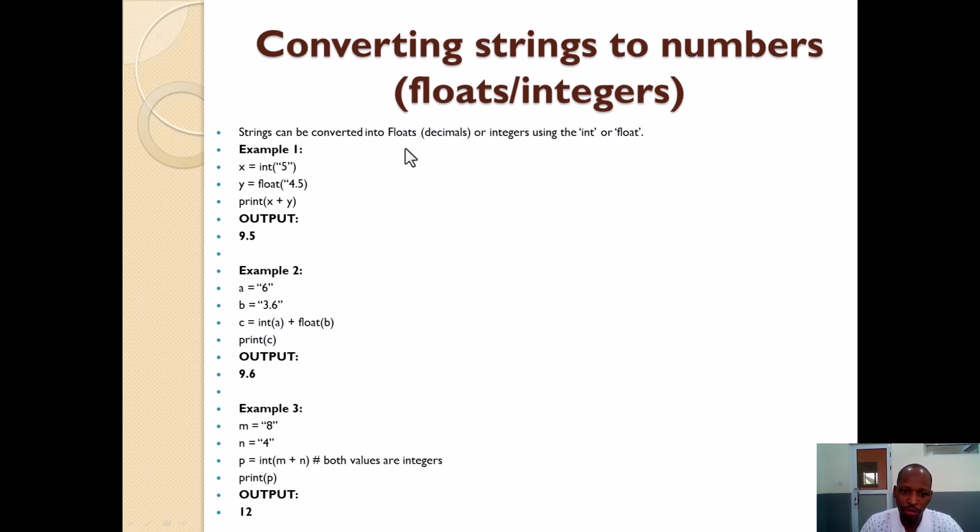Strings can be converted into floats or integers using int or float. So we're going to consider these keywords here, and that is what we can use to change our strings into float or integers. So let's take a look at the examples.